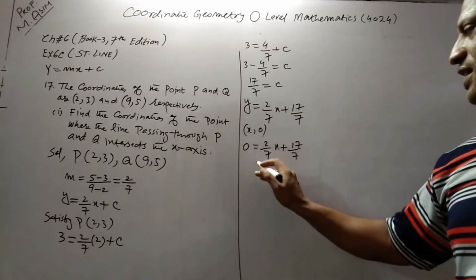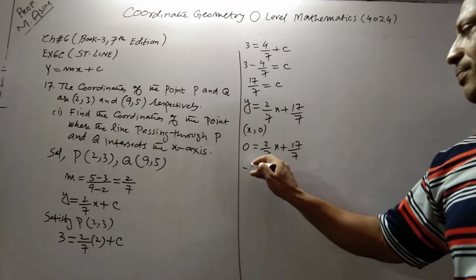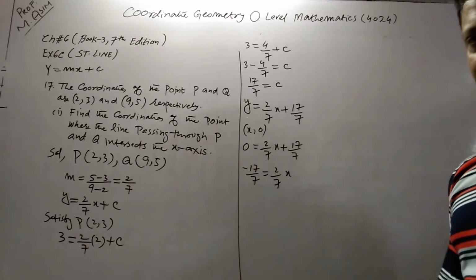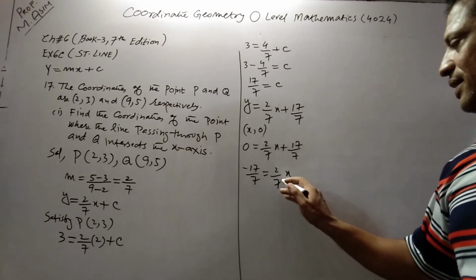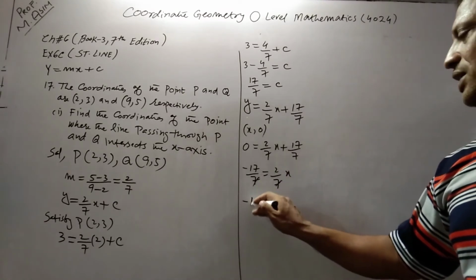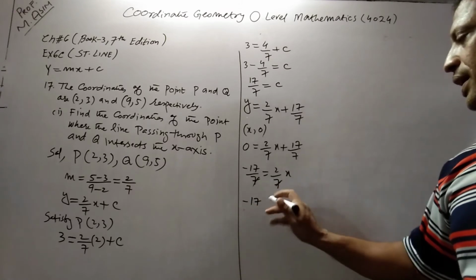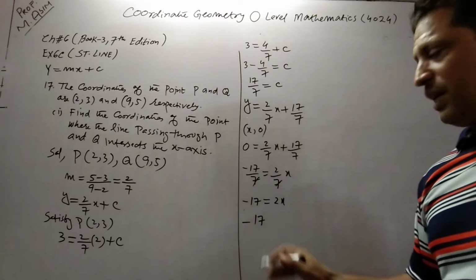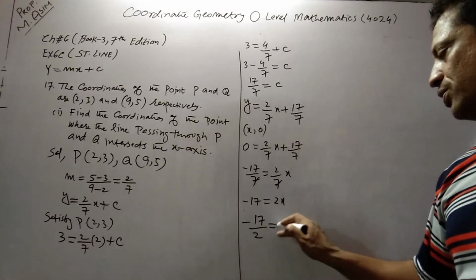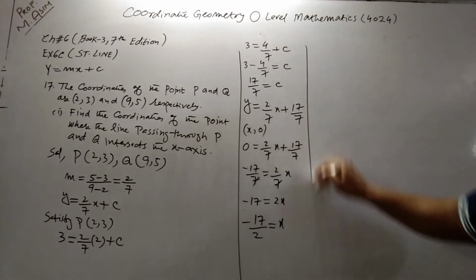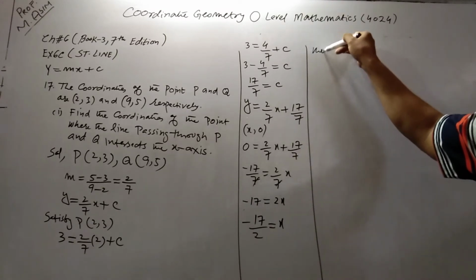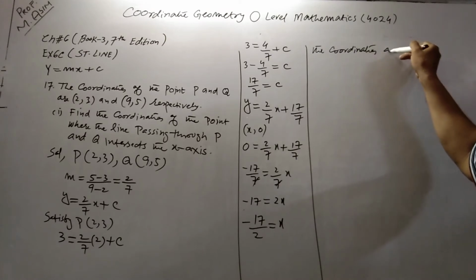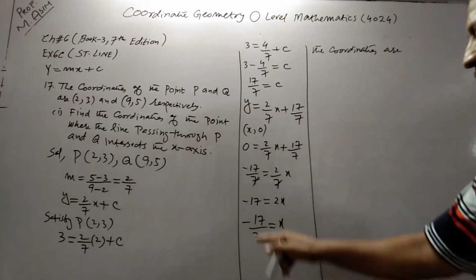Move this 17 upon 7 to the other side, it will become minus 17 upon 7, equals 2 upon 7 x. You can directly cancel this 7 by 7. The answer is minus 17 equals 2x. This 2 is multiplied, so we should divide. Hence, the coordinates are, what is the value of x?